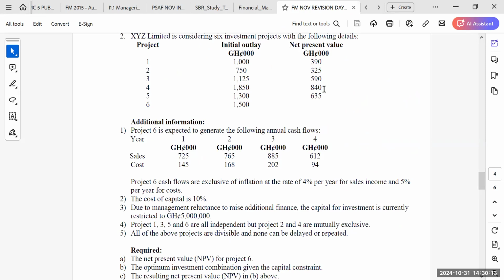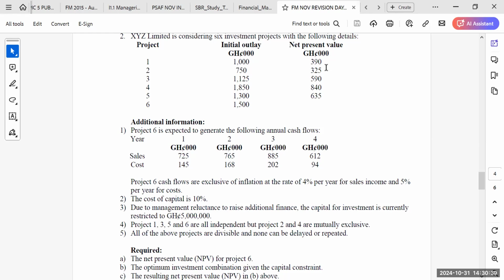How can you compare a project with an initial investment of 1,850 with a project with 750 as initial investment that is giving you 325? The amounts that we are investing in each of them are not the same, so we cannot make decisions based on the NPV.